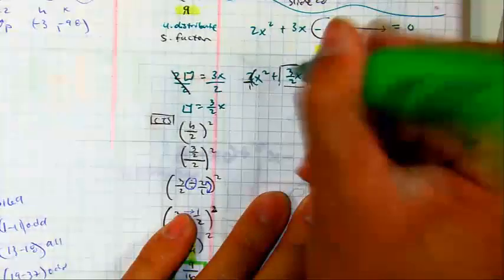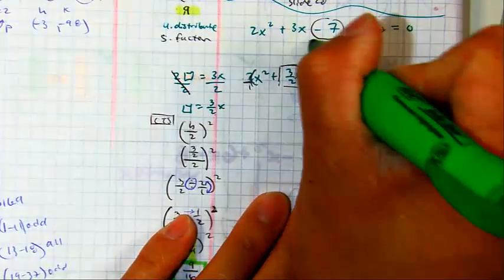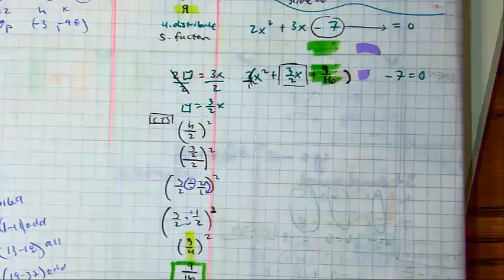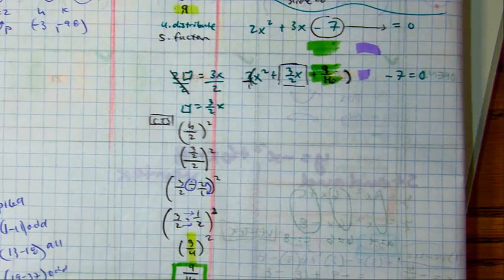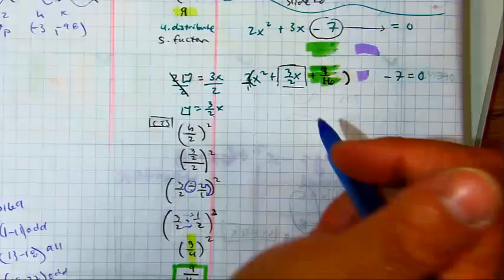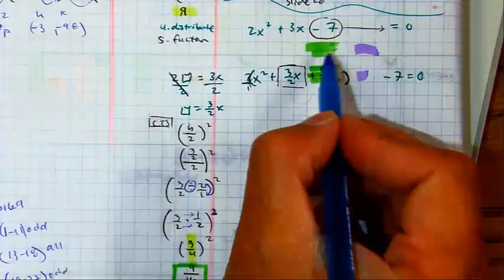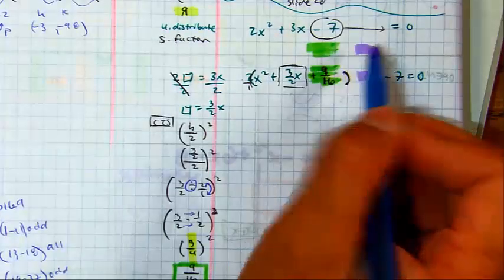Let's put it in green because I made a mistake. Yesterday we talked about how to distribute to kind of check your answer or explain why the green plus purple equals 0.